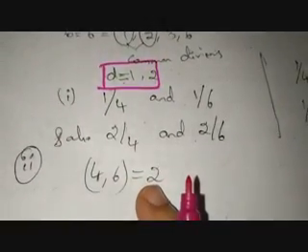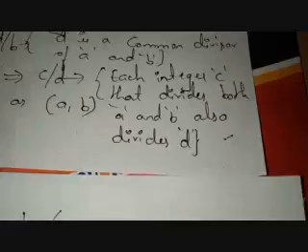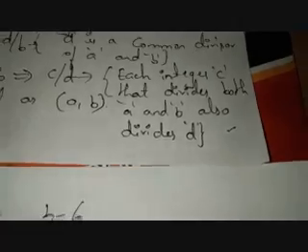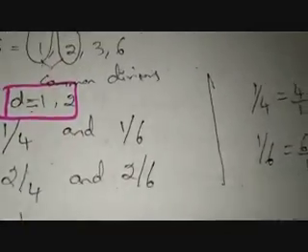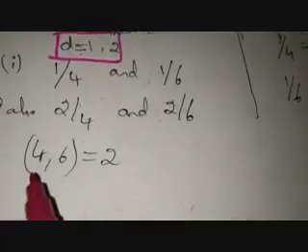I have written it here. The meaning of the second condition, C divides A and C divides B implies C divides D, is nothing but, you can see here, each integer C that divides both A and B also divides D. So an integer which divides both 4 and 6 also divides 2.